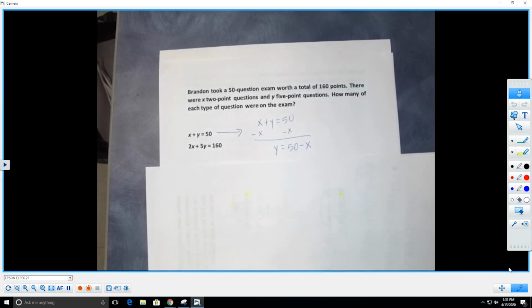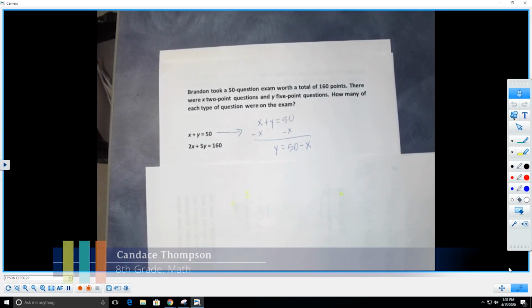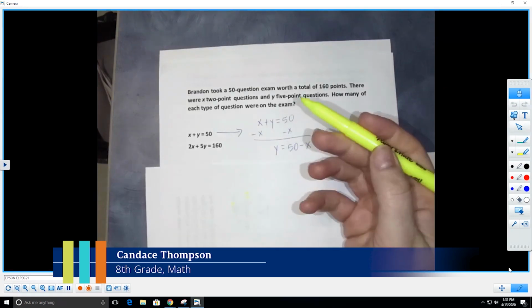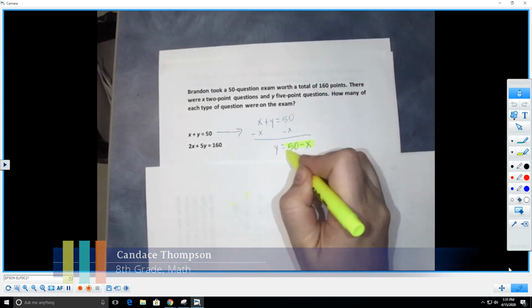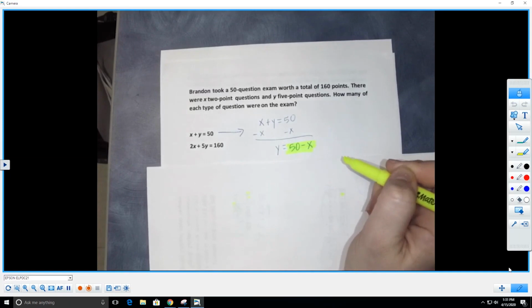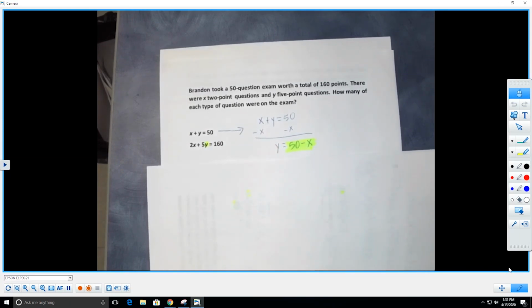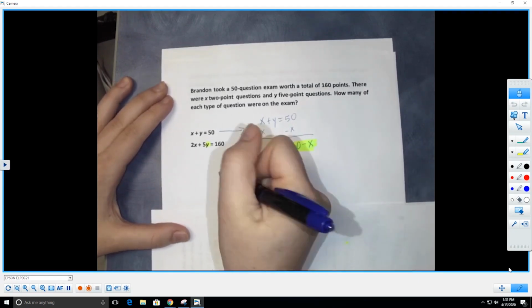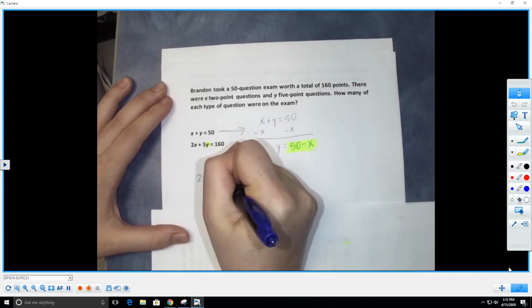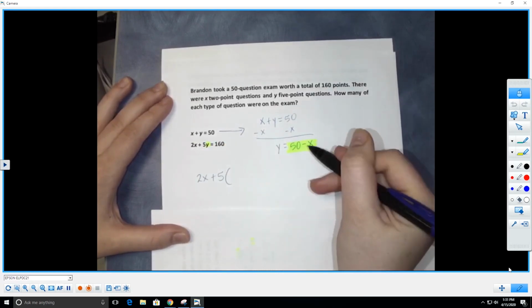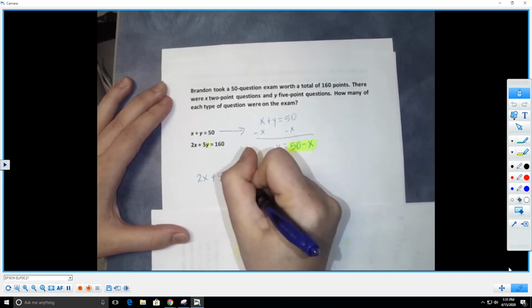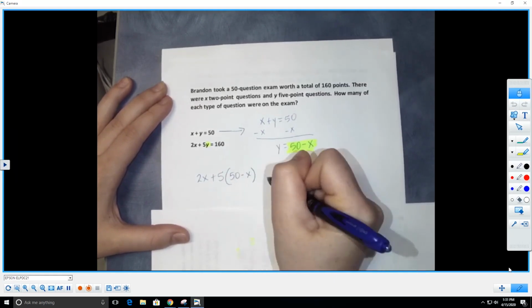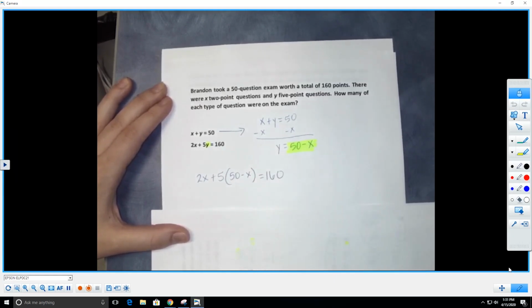Let's continue. We can substitute for y given the following. So now that I know that y is equal to 50 minus x, I'm going to plug that in where I see y in the second equation. So it would look like this. We have 2x plus 5 times what y is equal to, which is 50 minus x, equals 160.